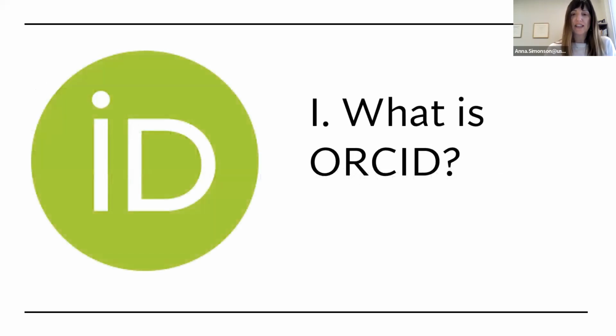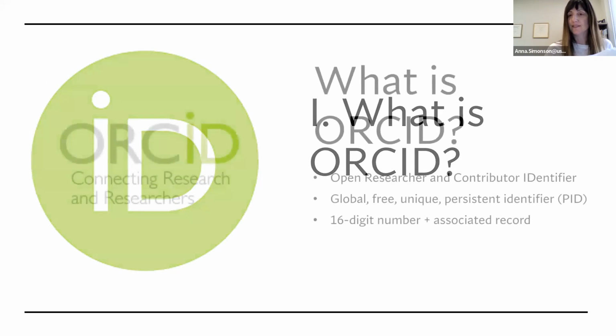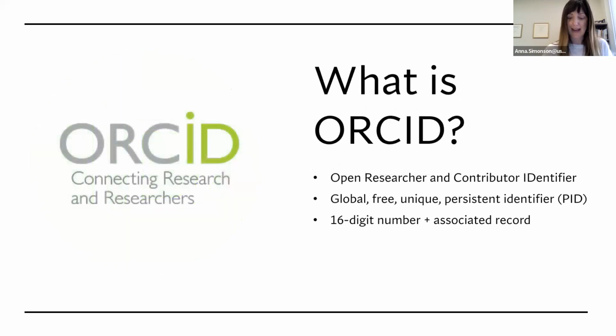So our first agenda item, what is ORCID? As I said before, and this is the only other time I will say this, ORCID stands for Open Researcher and Contributor Identifier. So it's a global, free, unique, persistent identifier. And it's actually 2 things.